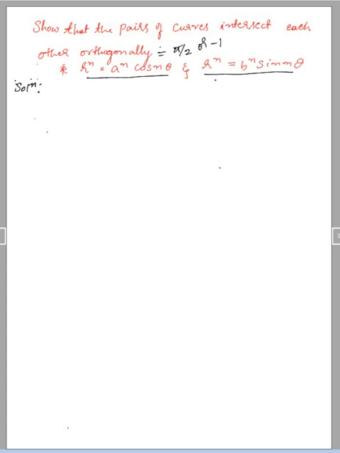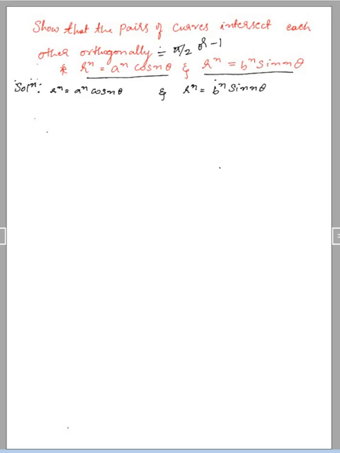Consider the given curves r power n equal to a power n cos n theta and r power n equal to b power n sin n theta. So now we require to find out cot phi. Cot phi is what? 1 over r into dr by d theta.